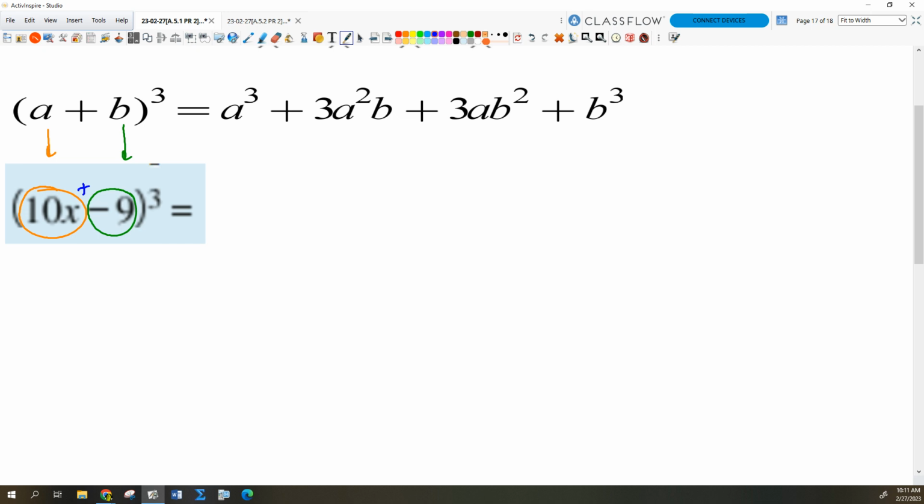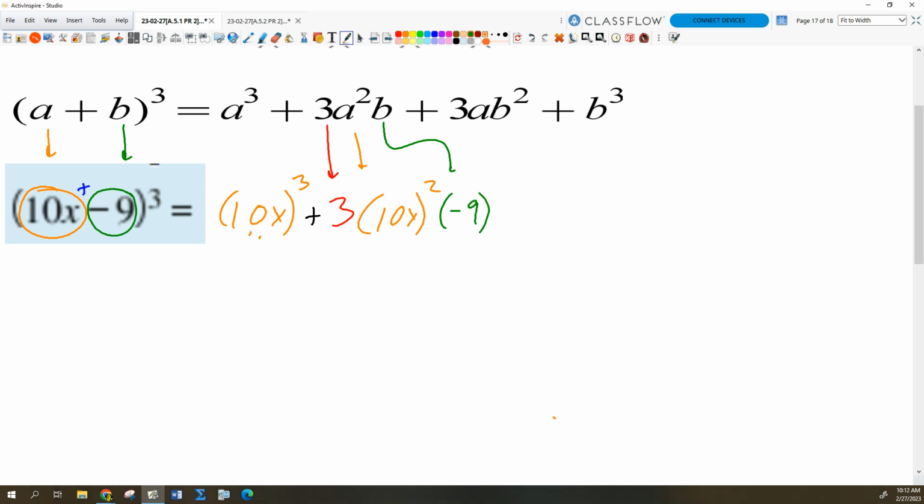Okay, so what's that giving me then? Well, I'm getting my a cubed. So that's the quantity 10x cubed plus 3 a squared. Well, that's 10x quantity squared, right? Times b, which is negative 9, plus 3 times a to the 1.